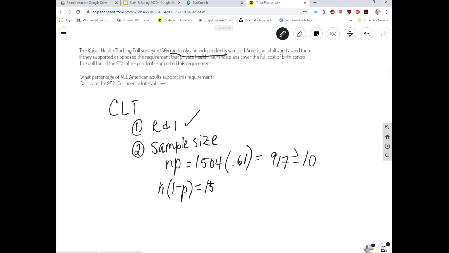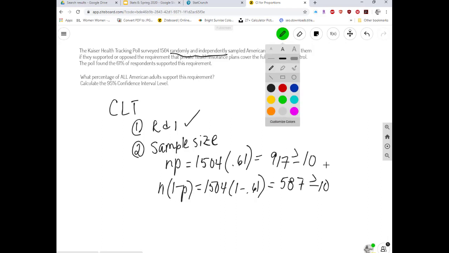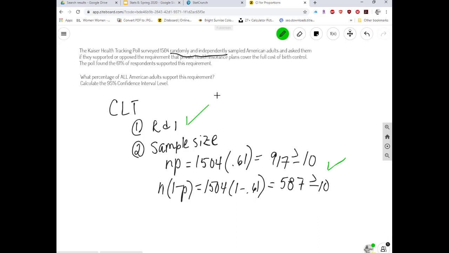This is 1504 times 1 minus 0.61, and that is going to be 587. And is that number greater than or equal to 10? You bet it is. So I'm going to put that in check. I like green checks. I don't know why I did that one in black. Let's just change it to a green check. Check.